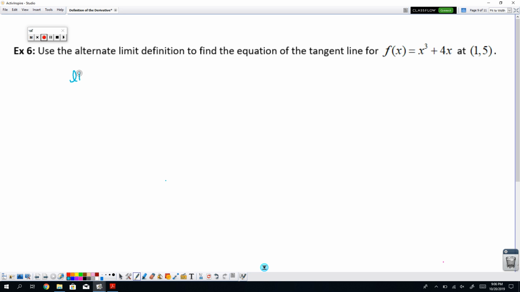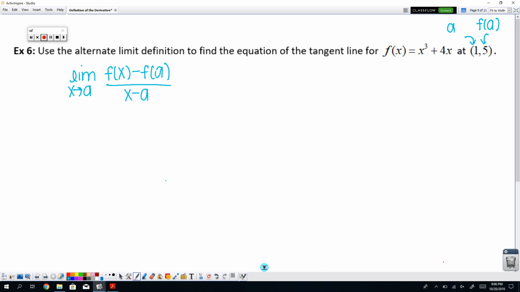The limit as x approaches a of f of x minus f of a over x minus a. Now this one is a, and this one is f of a. Okay?